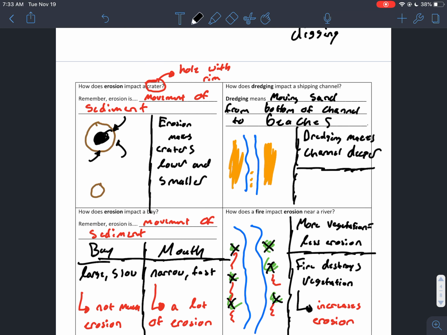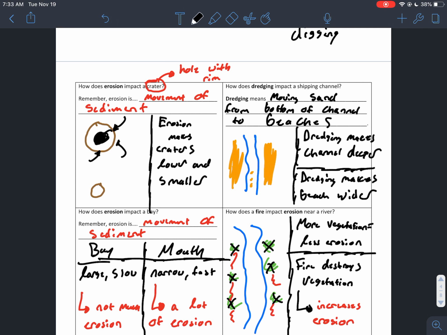Well, if you're moving it to the beaches, they're going to get wider. They're going to get bigger. So then I want you to write dredging makes beach wider. All right. Dredging makes channels deeper because you're taking the sand out of it and then you're adding it to the beaches. That makes the beaches wider.